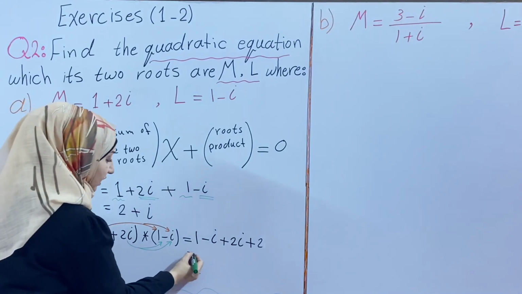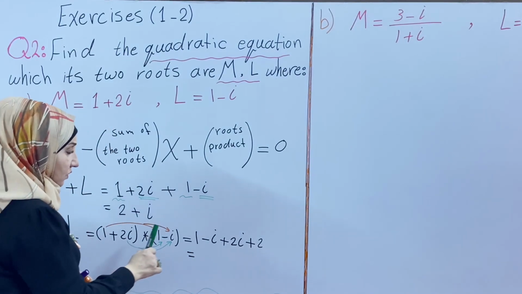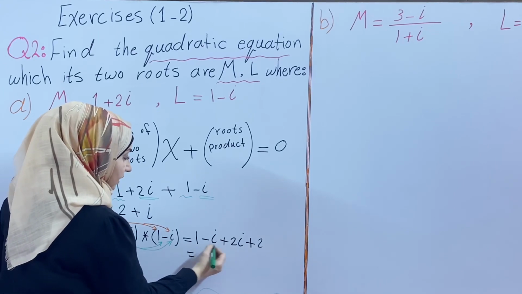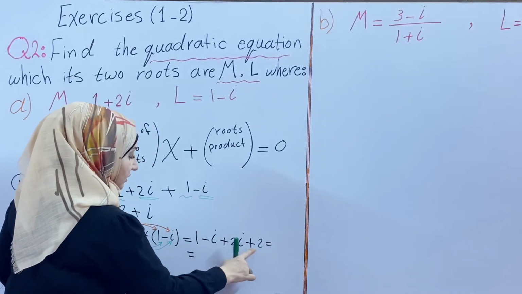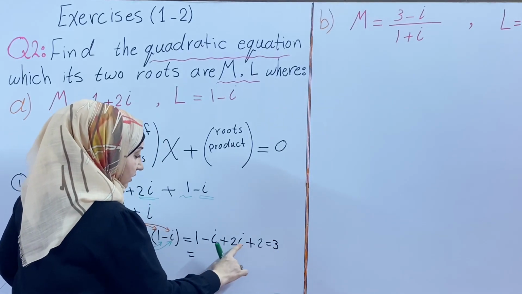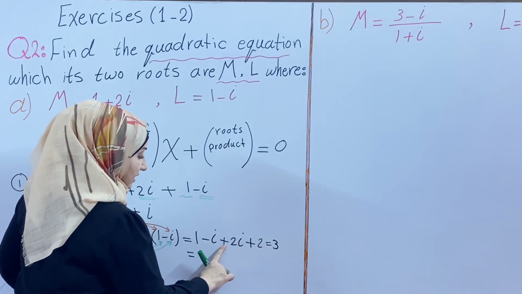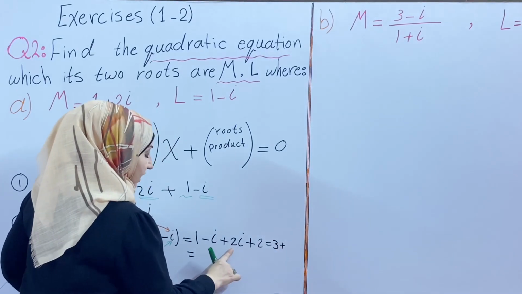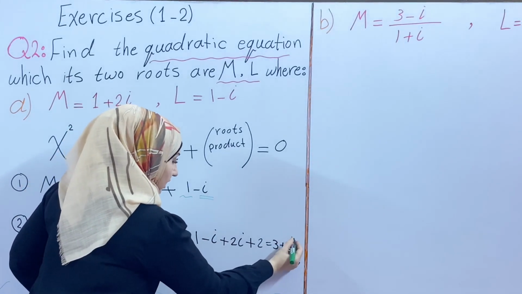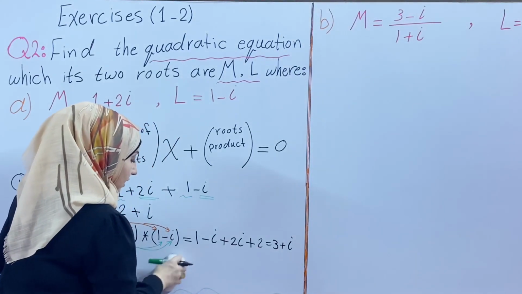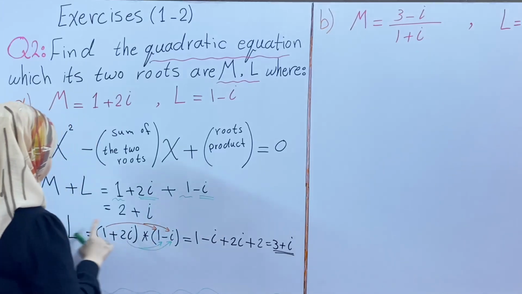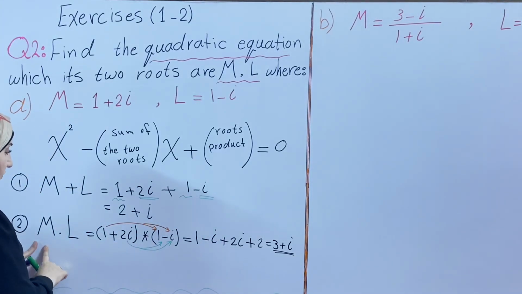And now we can simplify. So 1 plus 2 equal 3. Negative i plus 2i, the sign of the greater value, and we subtract 2 minus 1 equal 1i. And this is the result of multiplying the two roots.